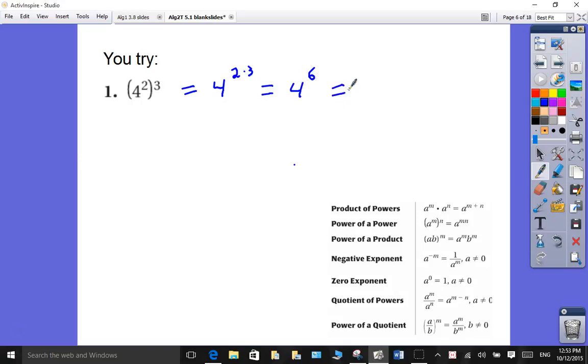Now what does that equal? If you take it down this way, that means it's 16 times 16 times 16. Well, 16 times 16 is 256. And then if I do that one more time, I think that's 4096.